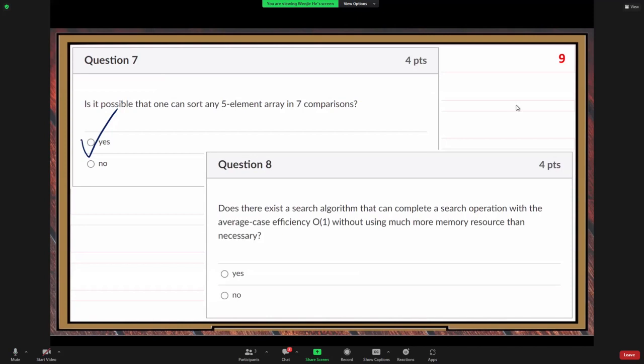Number 8. Does there exist a search algorithm that can complete a search operation with average case efficiency of big O of 1 without using much more memory resource than necessary? Yes.